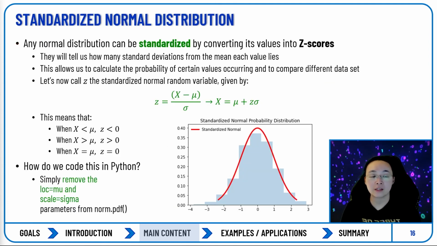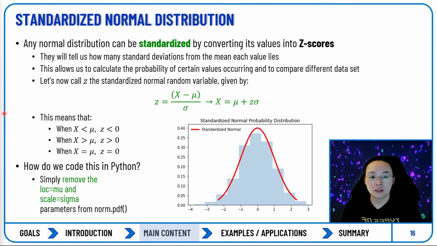So with the standardized normal distribution, any single normal distribution can be standardized simply by converting their values to z-scores. We've already talked about z-scores. The z-scores essentially tell us how many standard deviations from the mean each value lies. So if we simply plot all of the z-scores, we'll be able to get a normal distribution that's centered at 0.